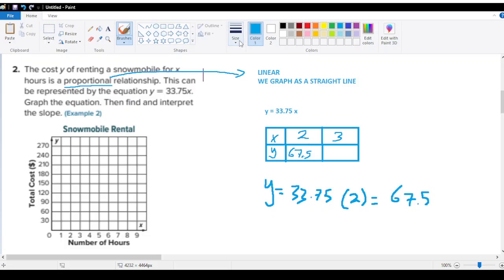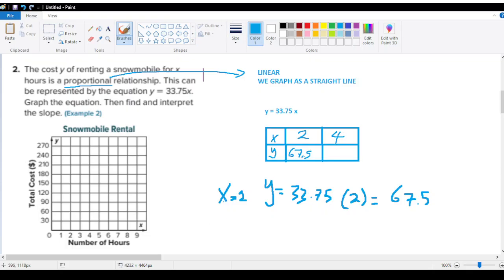Now let's try to replace the x with 4, for example. 4 is easier because you just need to double the number.